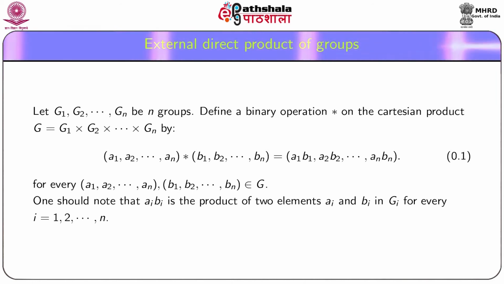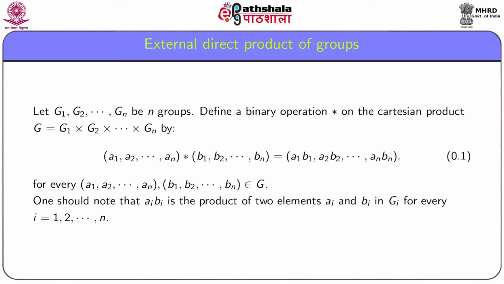You must notice that though I have written all the n components as a1 b1, a2 b2, a1 into b1 does not have the same meaning as a2 into b2, as you have seen in the previous example.